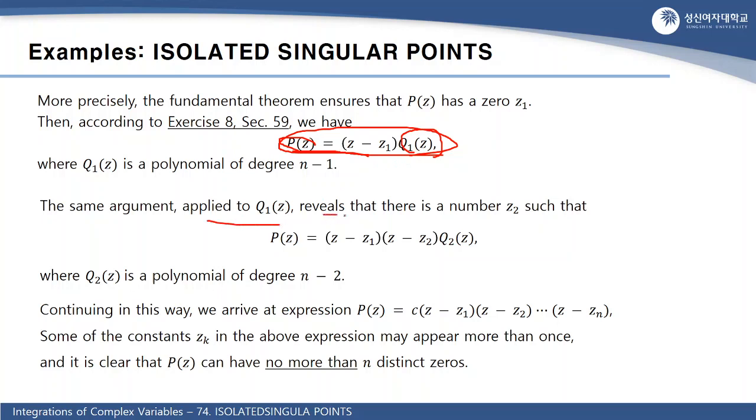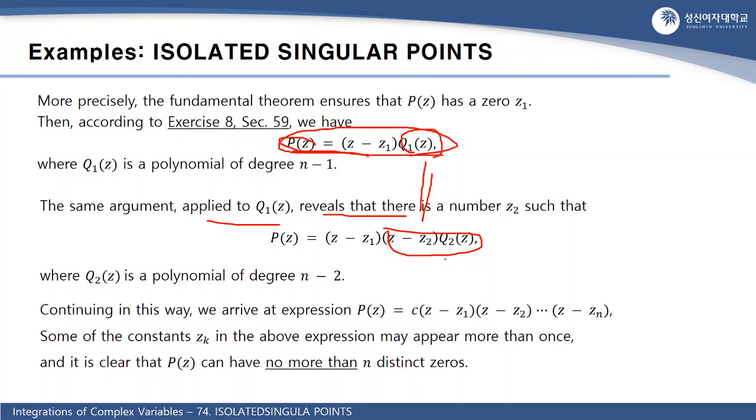Then we have the same result, which means that q1 of z is equal to z negative z2 times q2 of z. Here q1 of z has a linear factor with some q2 of z, a polynomial of degree n negative 2 here.